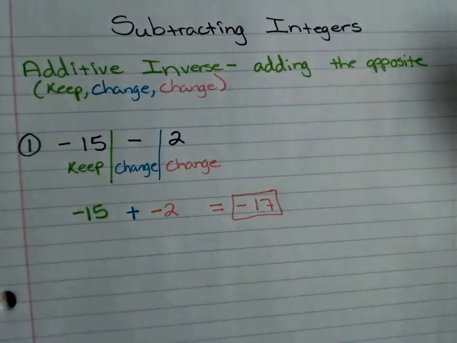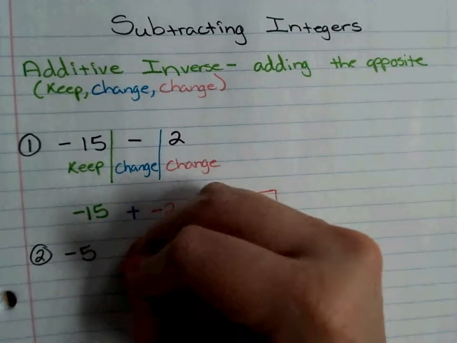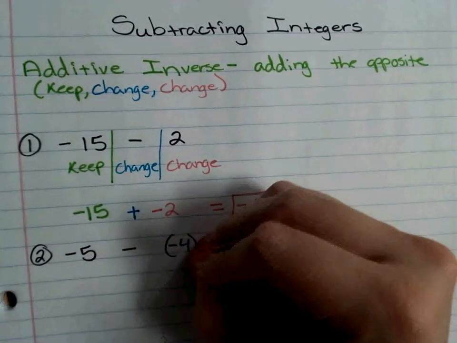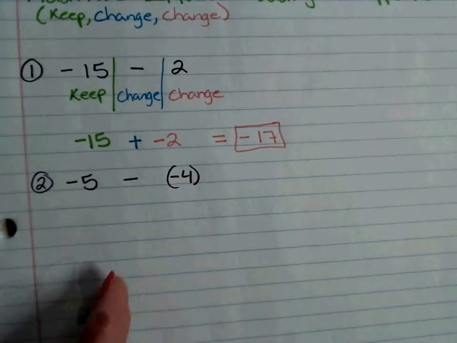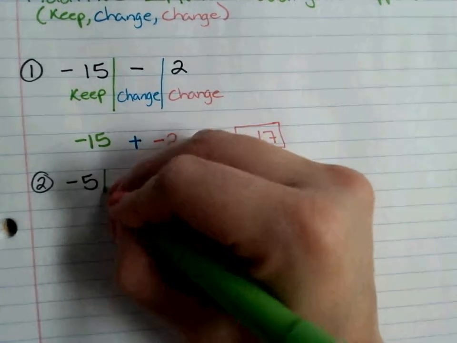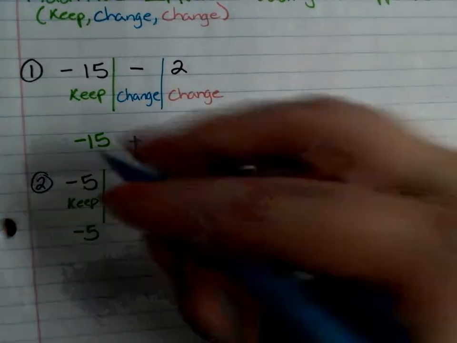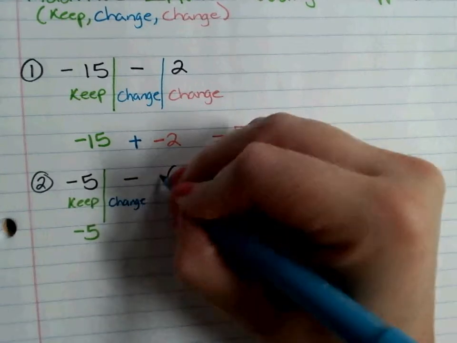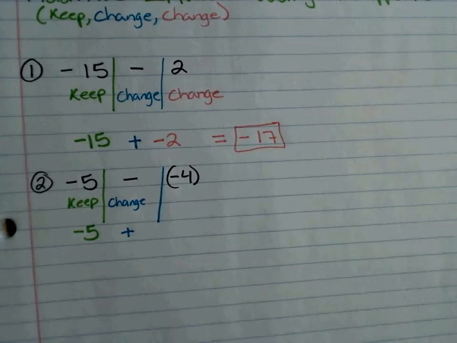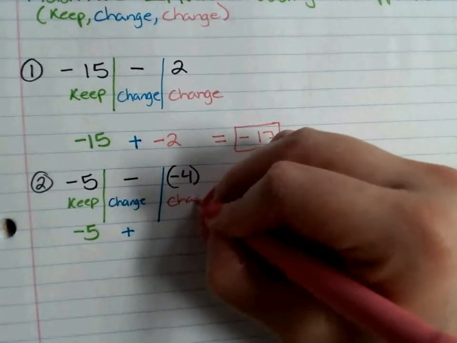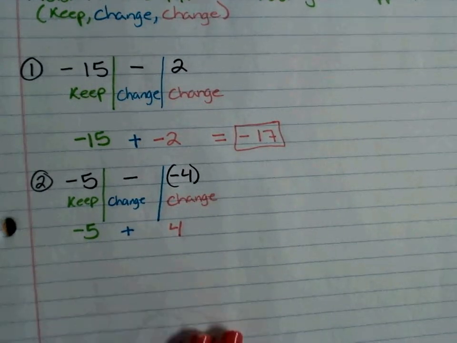We're still on the addition subtraction part. Okay? All right. Let's say we have negative 5 minus negative 4. Again, we're going to keep the negative 5 just as it is. We're going to change that subtraction into addition. And then we're going to change negative 4 into a positive 4.